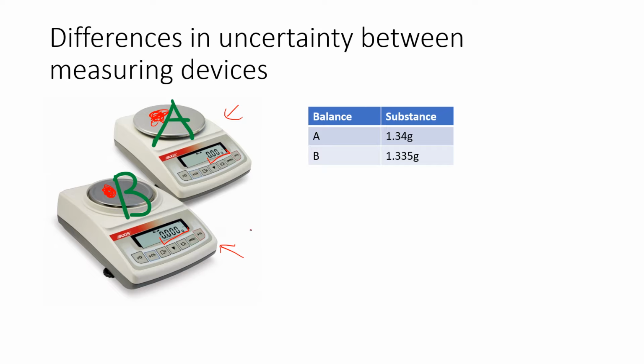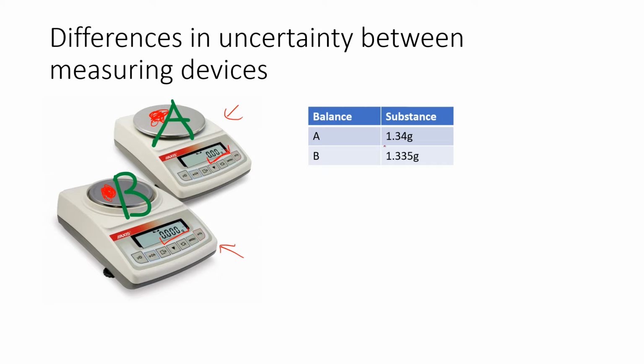Is it because the substance weighs differently? In this case, no, right? We put the identical amount of substance on each balance. The reason it appears as 2 different numbers is because the uncertainty on each balance is different. This balance only reads up to 2 decimal places.